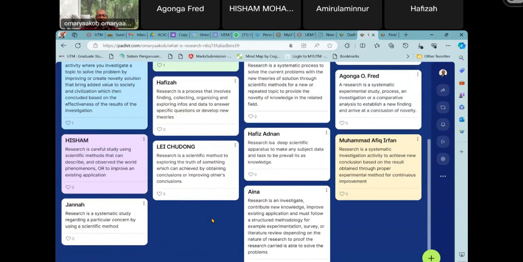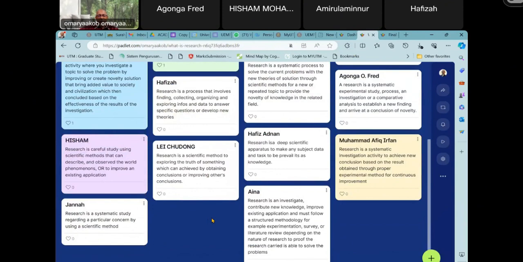Anybody else want to comment on Amirul's definition or Fred's definition or anybody's definition, or explain your own definition? Yeah, Chua. Okay, for my first definition, I mentioned the study and the keywords.